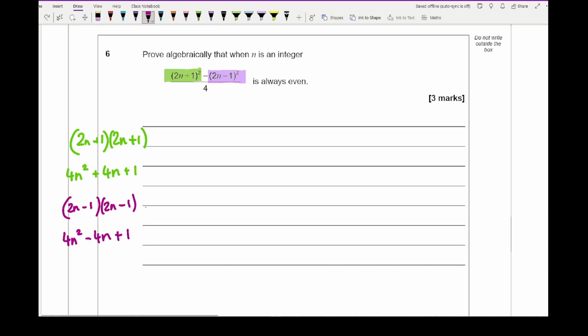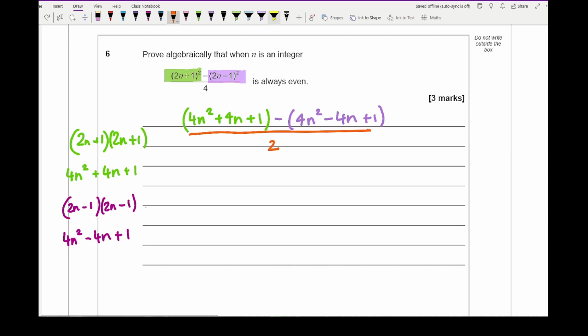And if I join those two things together, being careful with the negatives, with the green I get 4n squared plus 4n plus 1. I'm just going to put that in brackets, and then that is minus 4n squared minus 4n plus 1, and that is all divided by 4.